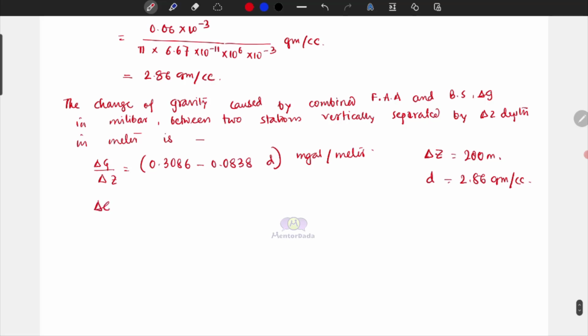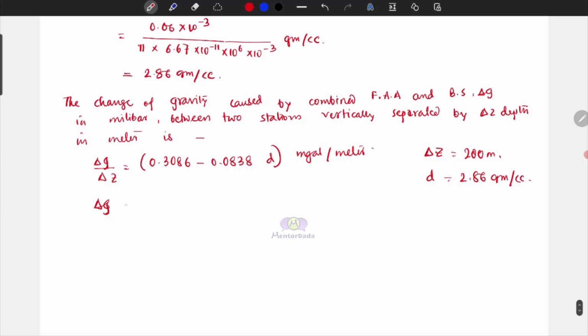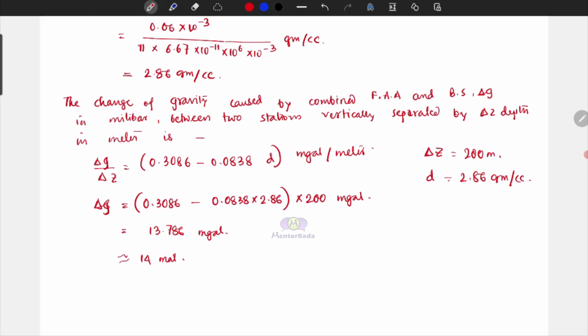So del G will be 0.3086 minus 0.0838 into 2.86, multiplied by 200 milligal, which equals 13.786 milligal, which is nearly 14 milligal.